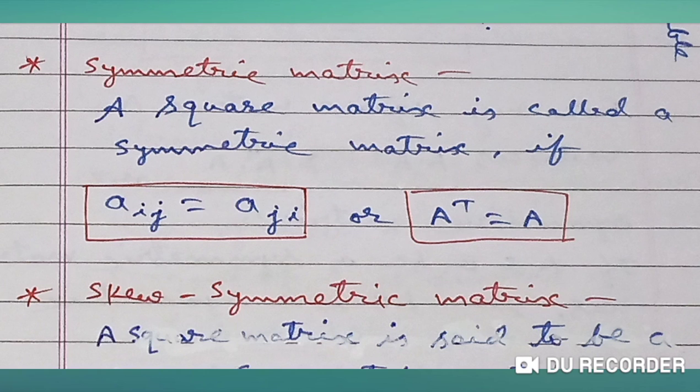After finding the transpose, the obtained matrix is the same as the given identity matrix. So if the transpose of a given matrix and that matrix are equal, then we can say that this given matrix A is known as a symmetric matrix. This is the concept of a symmetric matrix.